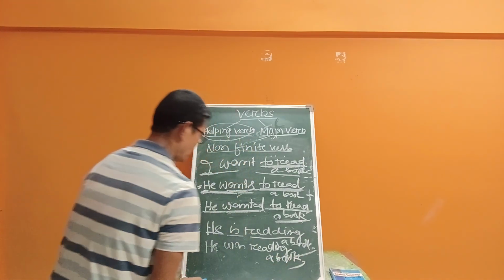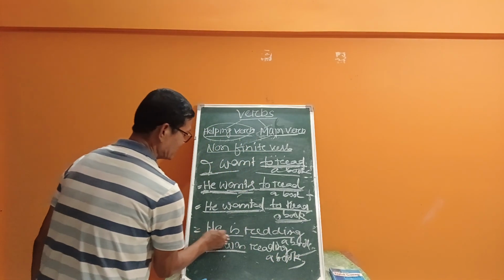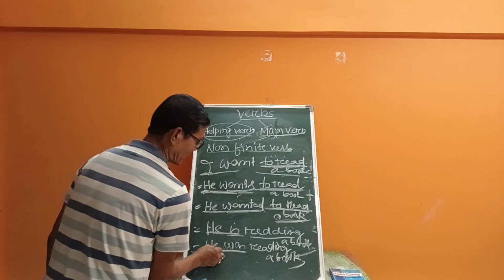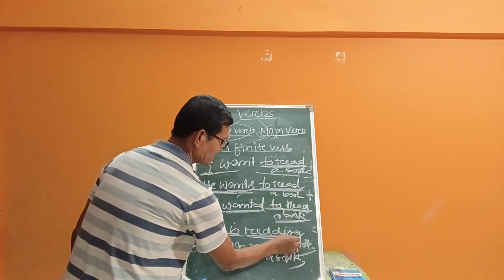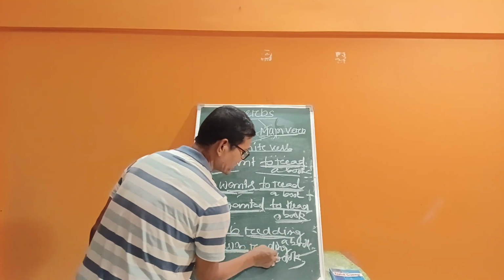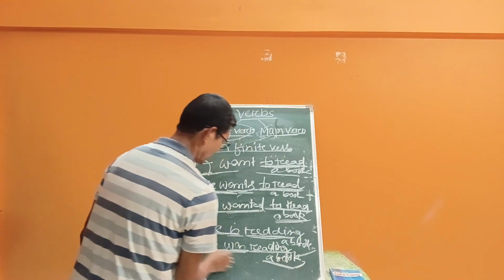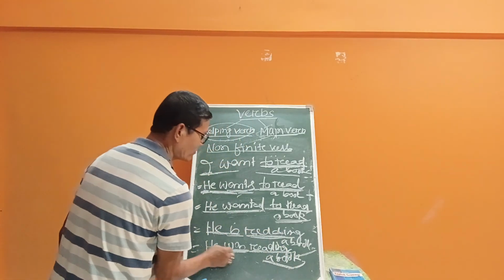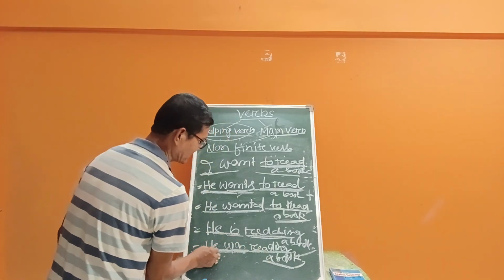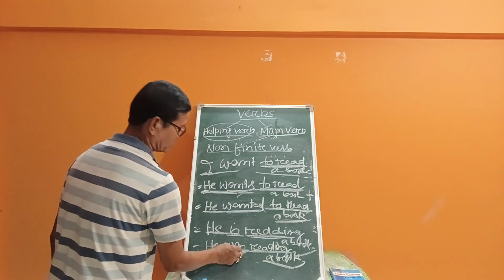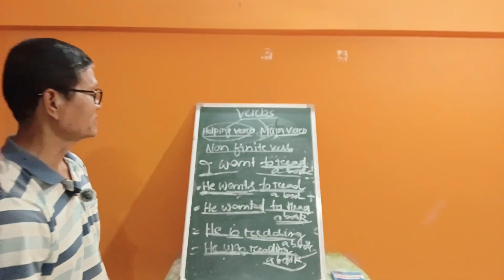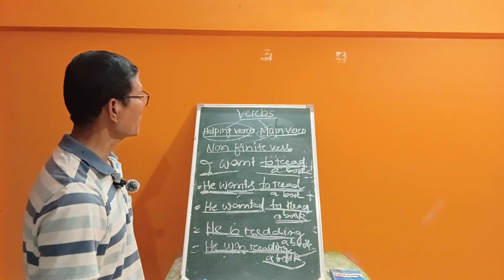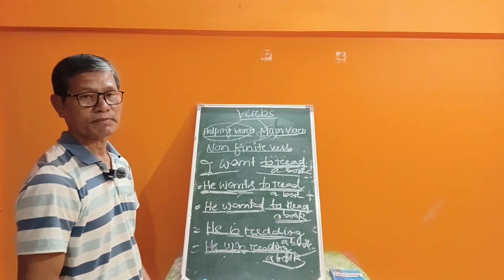This is a change. I write here he was, isn't it? But the reading is the same. He is reading a book. He was reading a book. Now we change the was, isn't it? But reading is not changed, isn't it? That's why, what type of verb is it? These are the non-final verbs, isn't it?